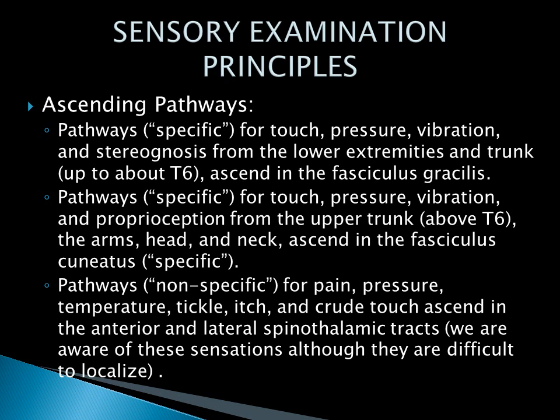And when we talk about specific pathways, or that the pathways are specific, that refers to the ability of your brain to be able to specifically and accurately localize the exact location of the stimulus. There are other ascending pathways that sensory information ascends up to our cortex and into our consciousness that are the so-called nonspecific pathways.